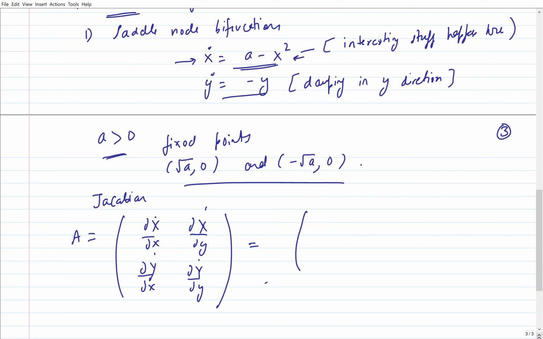And if I evaluate it, it comes out to be minus 2x star, 0, 0, minus 1.